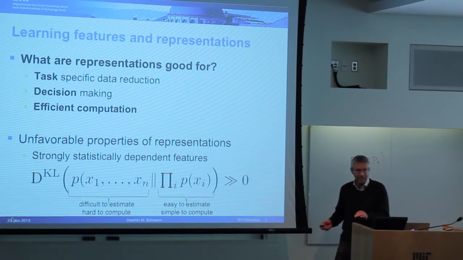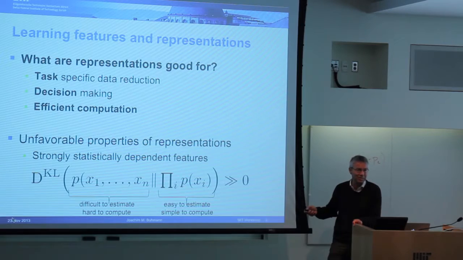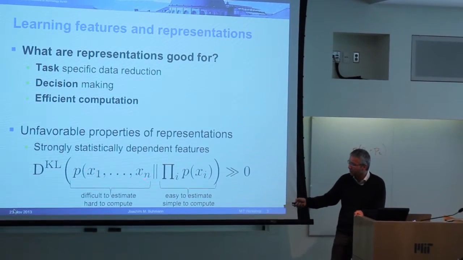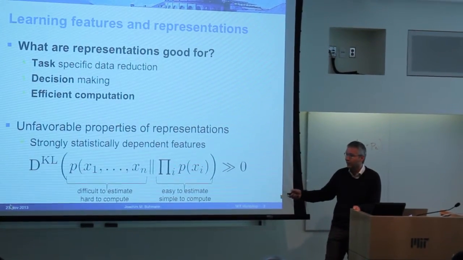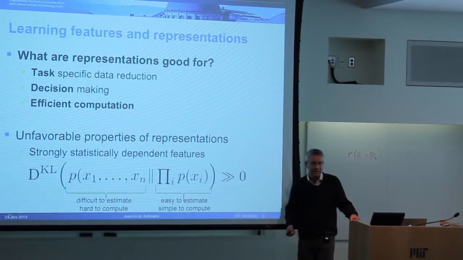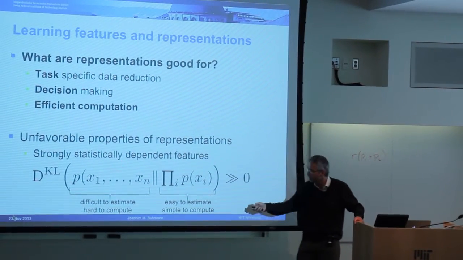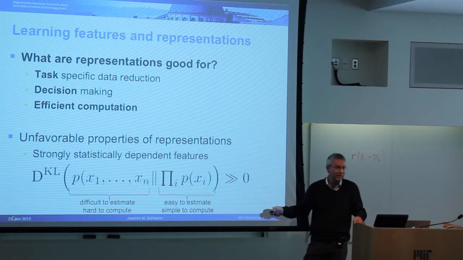And what I came up with is we want to avoid strong statistical dependencies between the variables. So if the joint probability distribution of our n random variables is very far away from the product, then something is wrong. First of all, it's wrong because this object is very hard to estimate. You need enormous amounts of samples for that.